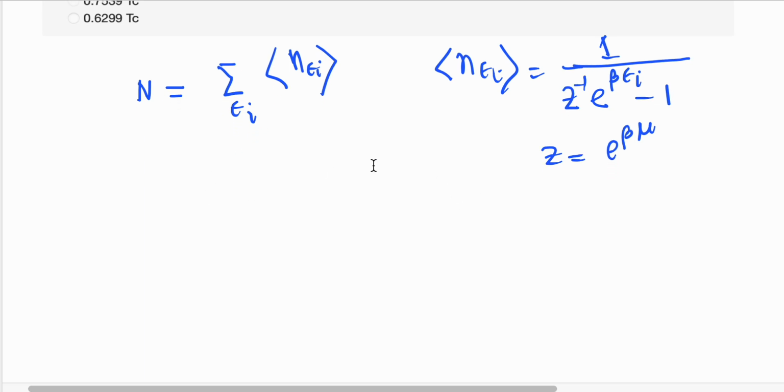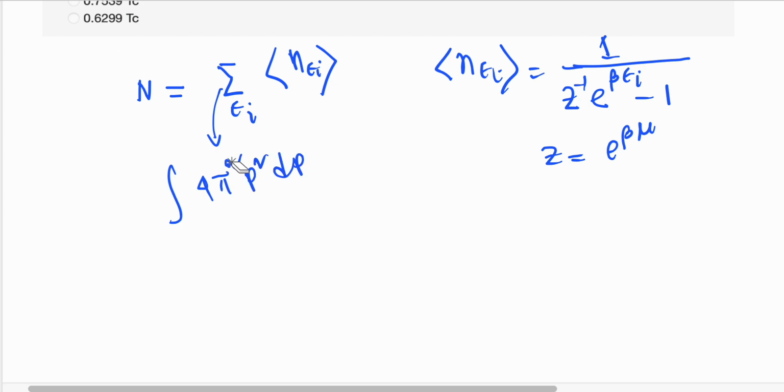Now you can check from here, when we replace this summation by integration, we write d epsilon in terms of 4 pi p square dp, right?